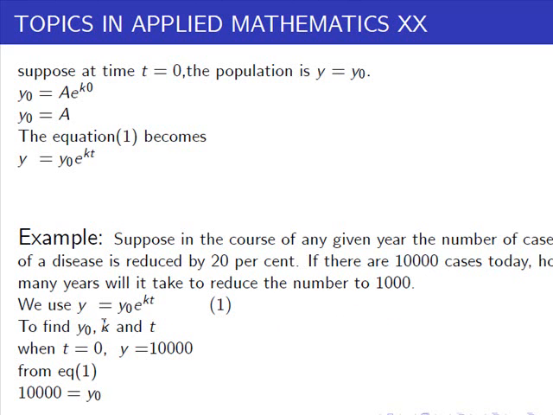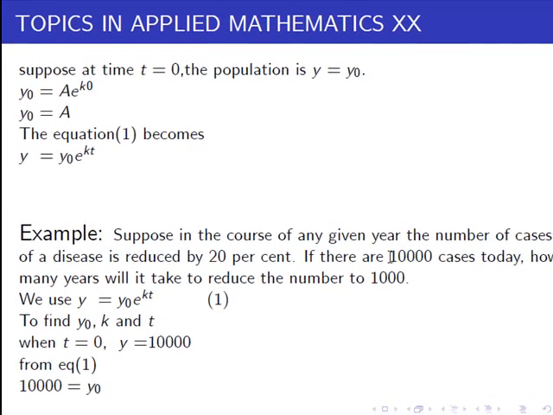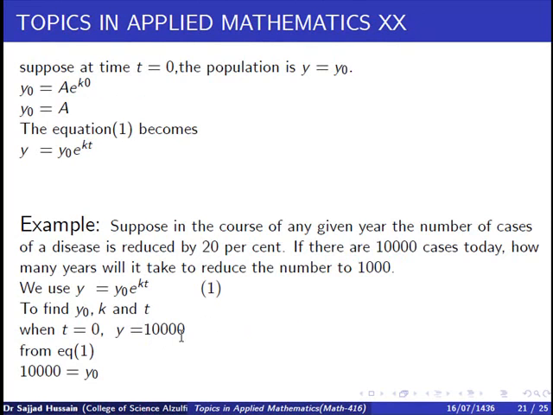When time t is equal to 0, the initial population is 10,000. So y naught is equal to 10,000, and our equation 1 becomes y is equal to 10,000 e raised to power kt. One of the unknowns is determined.